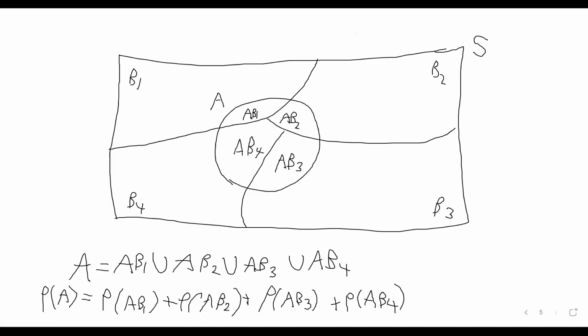So writing a complete proof is important and probably the most important thing. But what's also pretty important is to be able to visualize the situation and to understand why and how something works. So here we have the probability of A is equal to probability of AB1 plus probability of AB2 plus dot dot dot plus probability of ABn.